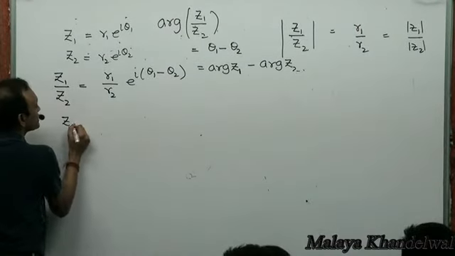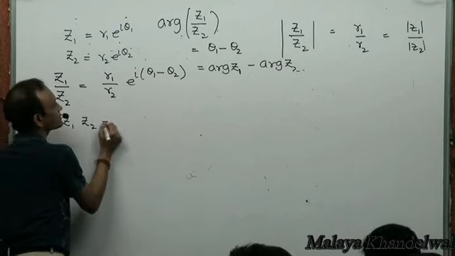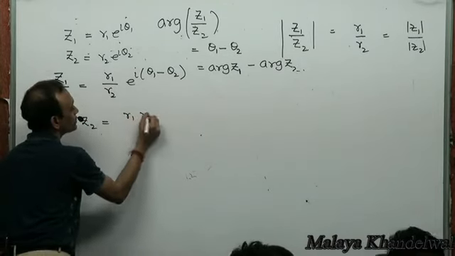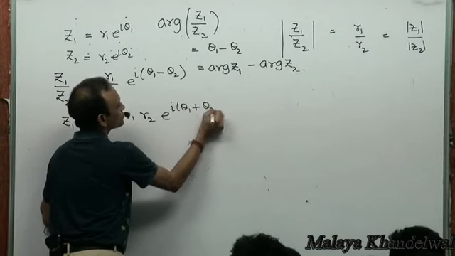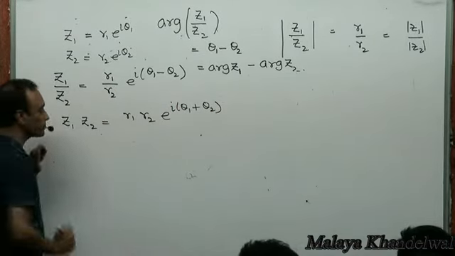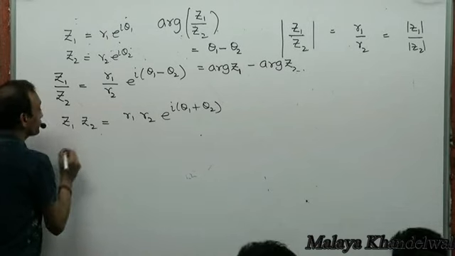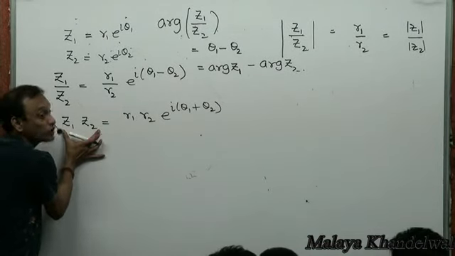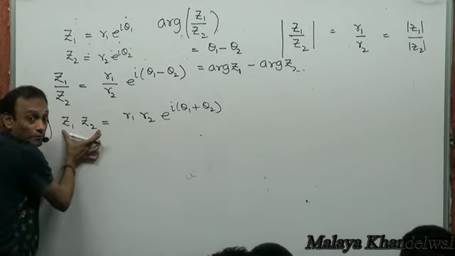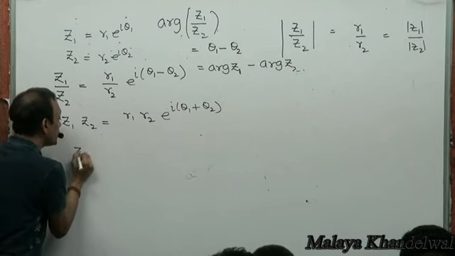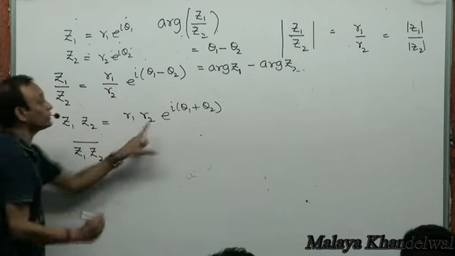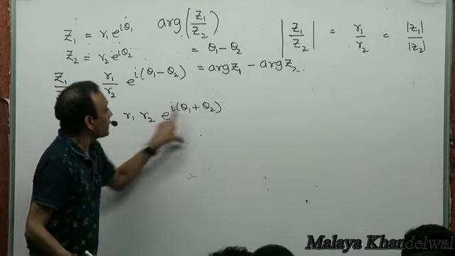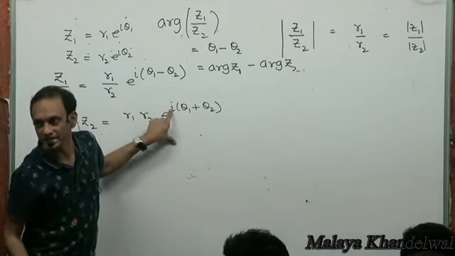Again, see, z1 z2 is r1 r2 e power i (theta 1 plus theta 2), right? Now, if I have to take the conjugate of this complex number z1 z2, all that I need to do is plunge a minus sign here.